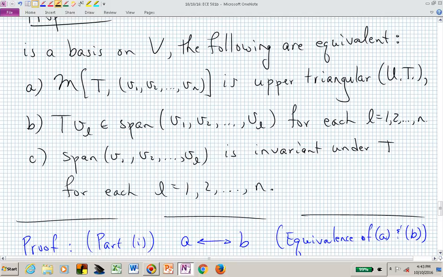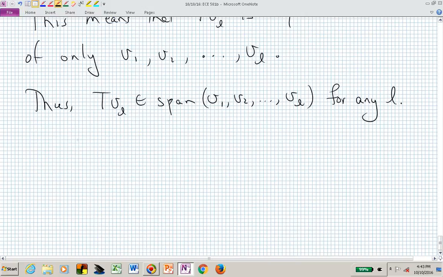If we use V sub 2, then T V sub 2 lives in the span of V1, V2. And we showed that at the early part of today's class. We've now shown that A, upper triangular, implies B, this span relationship.